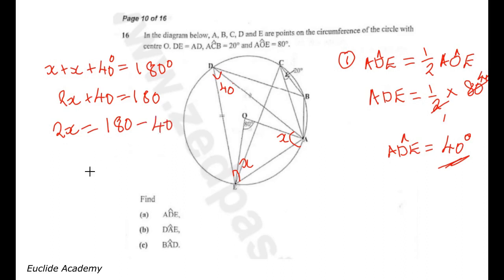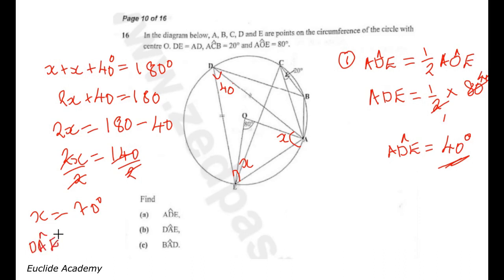So minus 40, and then 2x is equal to 180 minus 40, which is 140. Then we divide this by 2 and that by 2, and x is equal to 140 divided by 2, and we get 70 degrees. Okay, wonderful. So that means angle DAE is equal to 70 degrees.